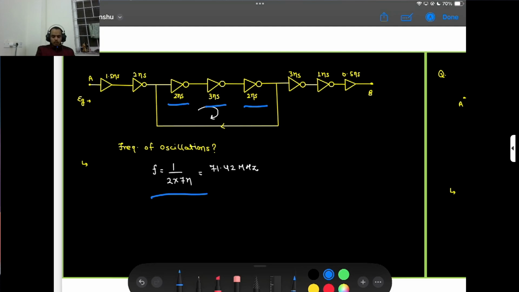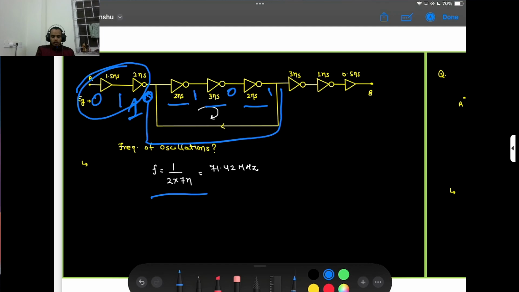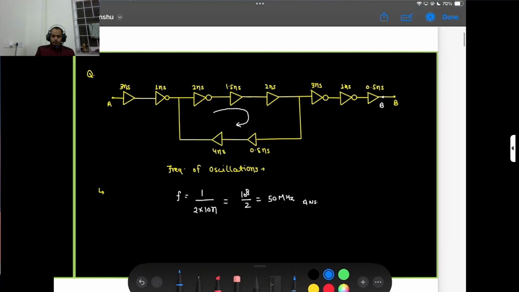Even suppose initially it is 0 1, here 0, here 1, so this goes to 1 here, so this 0 will now change to 1, and this circuit is left out. So no matter what, we don't depend on A. That's why my circuit output frequency is 1 by 2 into 7 nanoseconds, that is 71.42 megahertz.